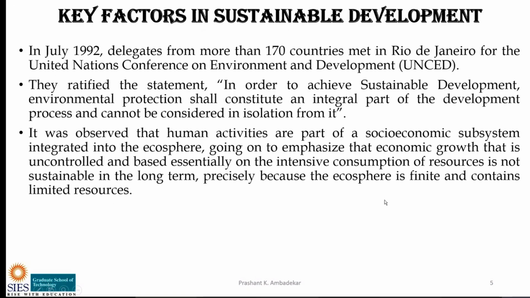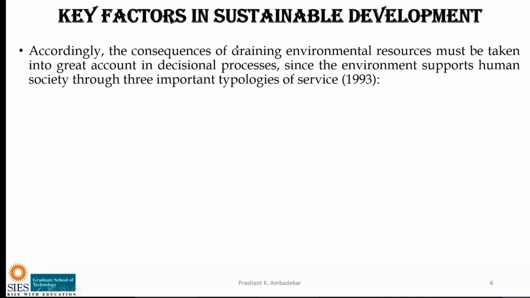Accordingly, the consequences of draining environmental resources must be taken into great account in decisional processes, since the environment supports human society through three important types of services. So this was another statement given in one of the conferences in 1993.